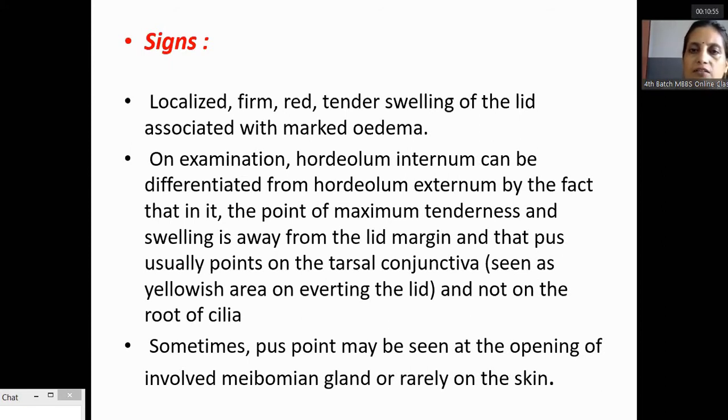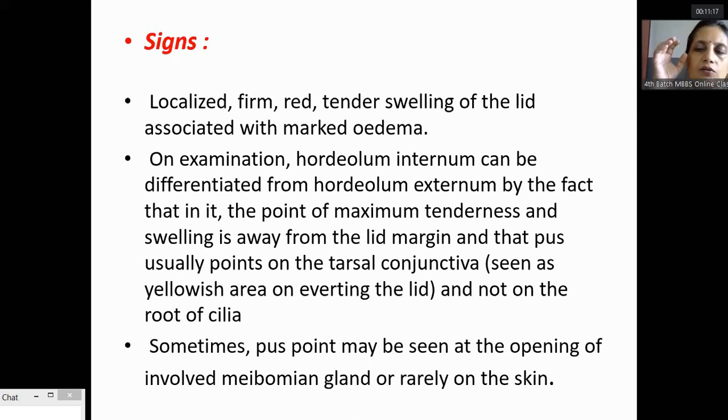On examination, hordeolum internum can be differentiated from externum by the fact that the point of maximum tenderness and swelling is away from the lid margin. So always you notice the lid margin; if it is away from the lid margin, then it is a hordeolum internum and it is not the stye.